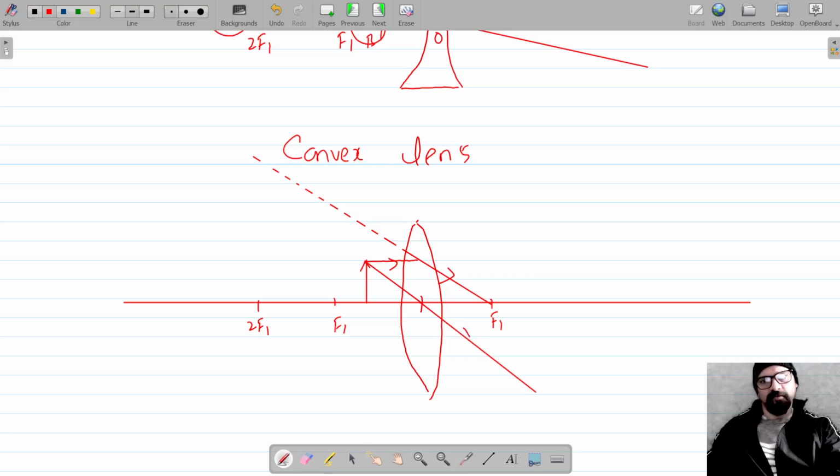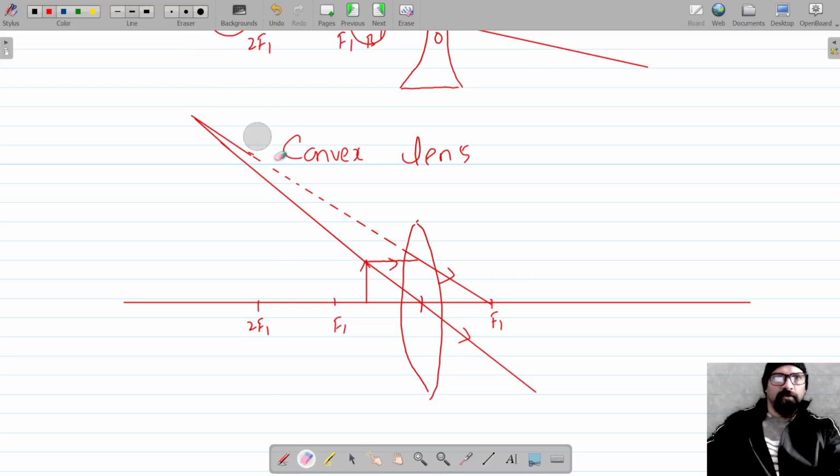So these are the rays of light, and we have assumed that these rays of light, when produced in the backward direction, intersect at this point. So this is where a virtual and magnified image is formed. This is A dash B dash.